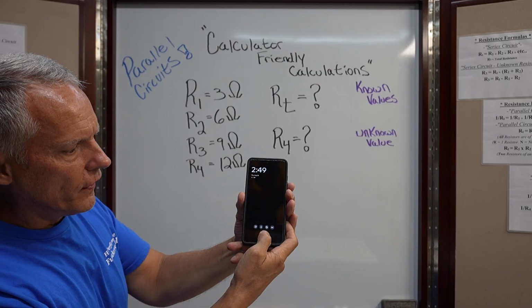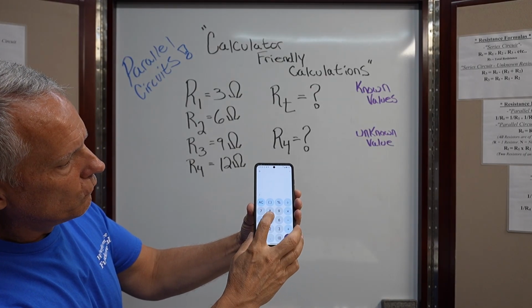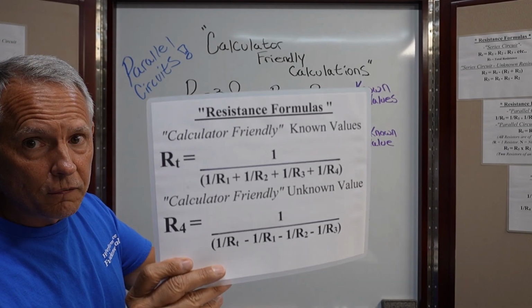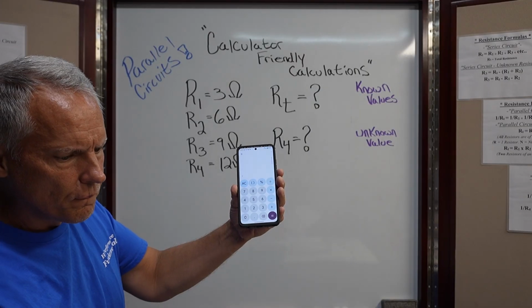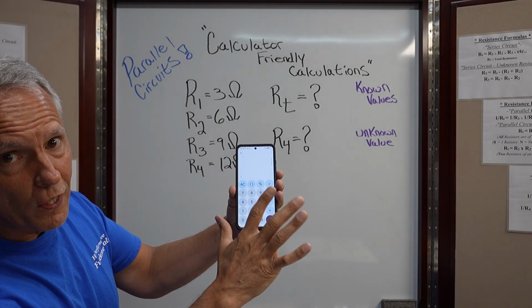We're going to take our calculator, and we're going to do the calculation as I had shown you, right? Just to be clear one more time. We want to find our total resistance, so we're trying to find RT.